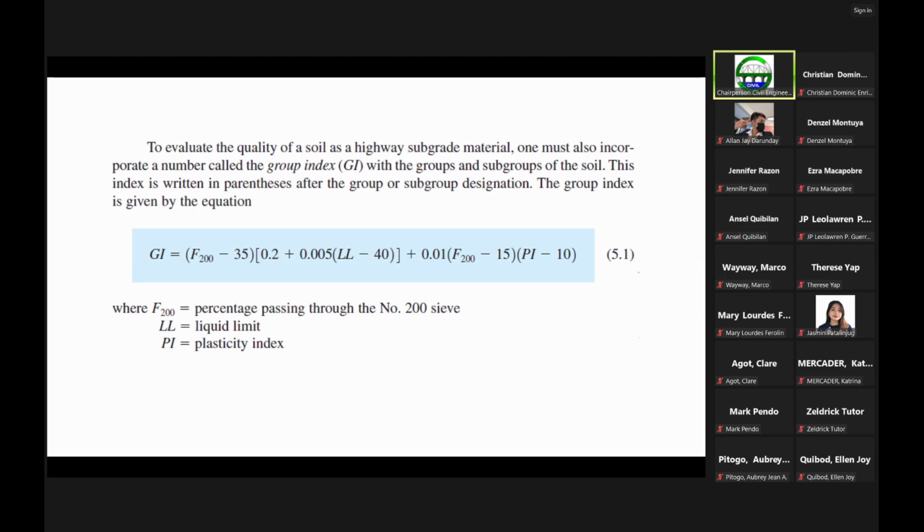Now, this group index is given by this equation here. I'm not sure if it is still equation 5.1 in your book. This is basically the equation there, where this is now the group index, F sub 200 is the percentage passing through the number 200 sieve, LL is the liquid limit, and PI is the plasticity index.